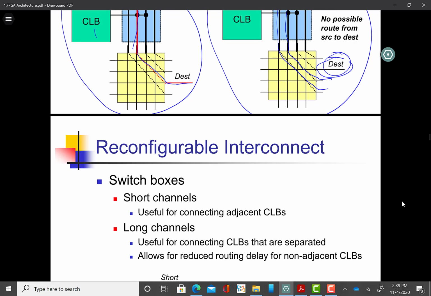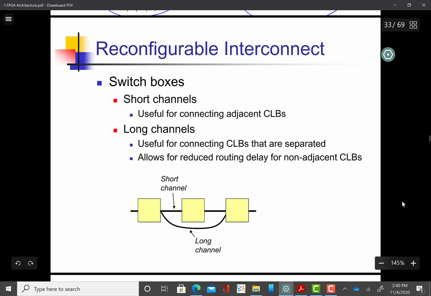Okay, so this is the main design problem for switch boxes. You want switch boxes in such a topology and with such flexibility that you are able to route the maximum number of circuits.